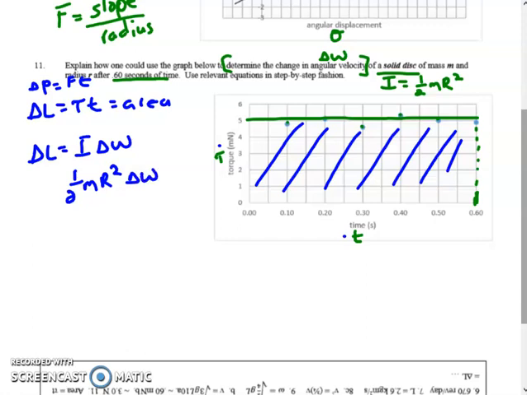Delta L is the area, so the area is equal to that. So delta omega will be twice the area divided by the mass times the square of the radius. That gives us all our relevant information.